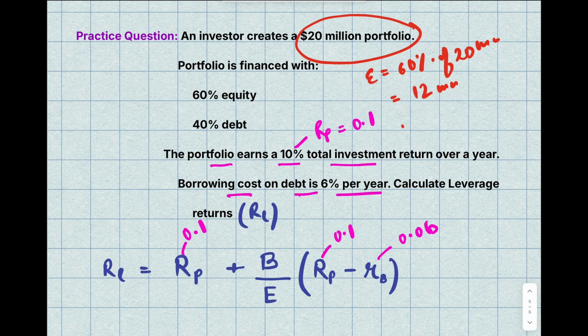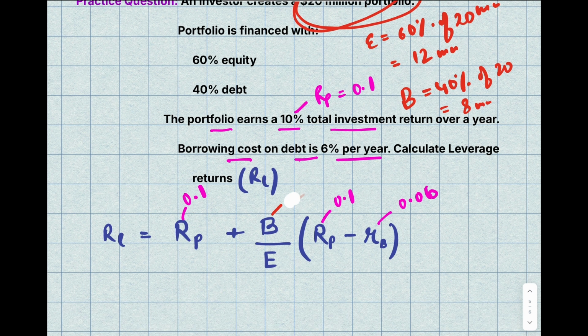What about debt? Or I'll just write B. B is 40% of portfolio. Portfolio is how much? 20 million. So it would be how much? 8 million. So this is 8, this is 12.